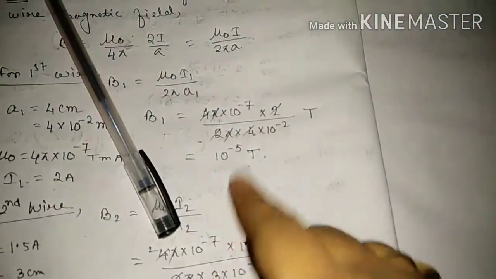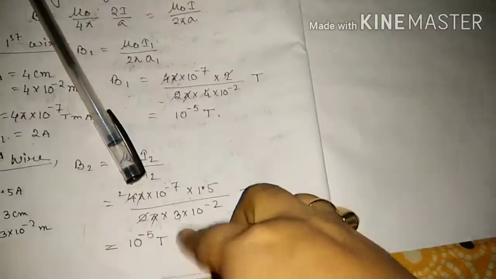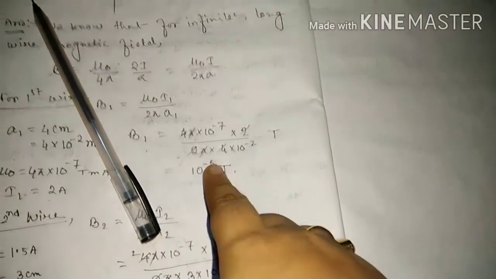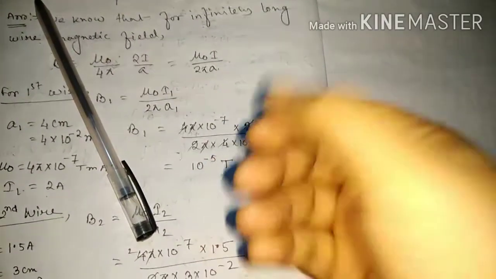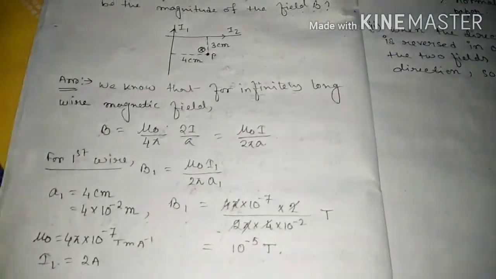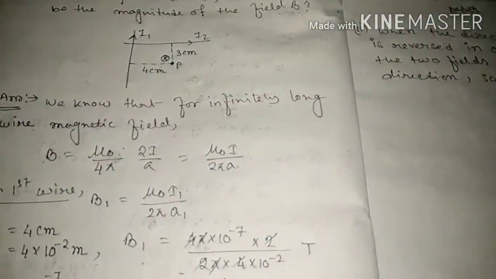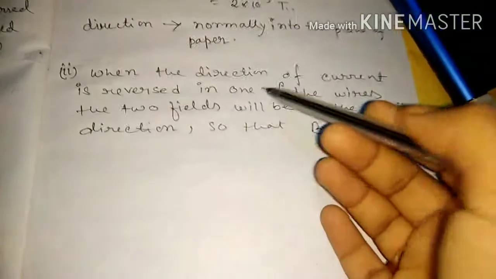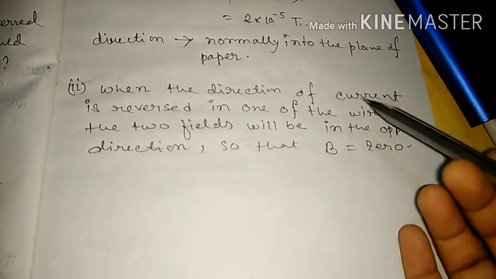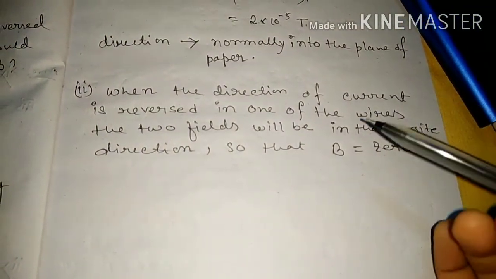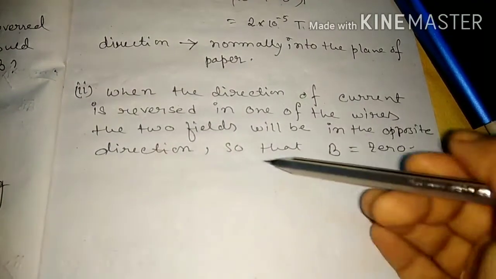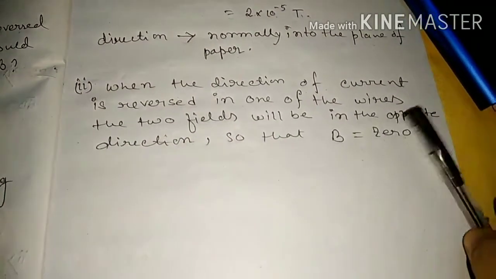We get the same magnitude 10 to the minus 5, but in the opposite direction. The two fields are in opposite directions, so they cancel each other, and the total magnetic field at point P will be 0. So if we reverse the current of either wire, B equals 0.